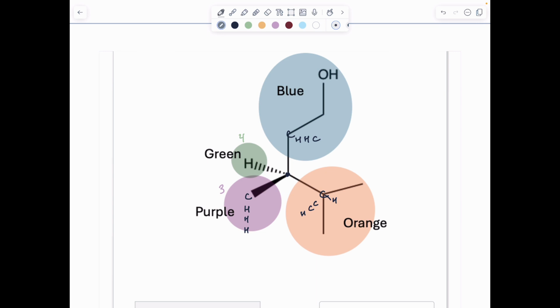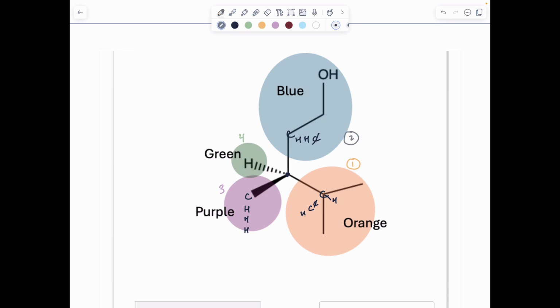Between blue and orange, they both have a carbon, so those cancel each other out. These carbons are the same. Now if you compare the next one, we have 1 carbon and 1 hydrogen. So the carbon wins and is going to be the highest priority, and this blue is going to be priority 2.